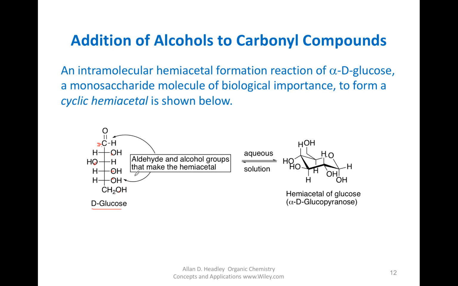As we know in chemistry, the six-membered ring is a very stable system. So we'll have this oxygen here reacting with this electrophilic carbon. So here is this oxygen, and here is this carbonyl carbon, and this is of course the hemiacetal, and that's the cyclic form.